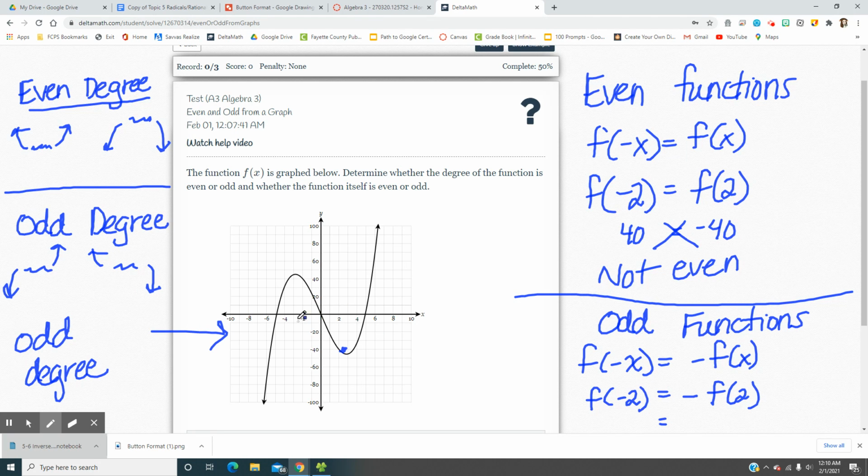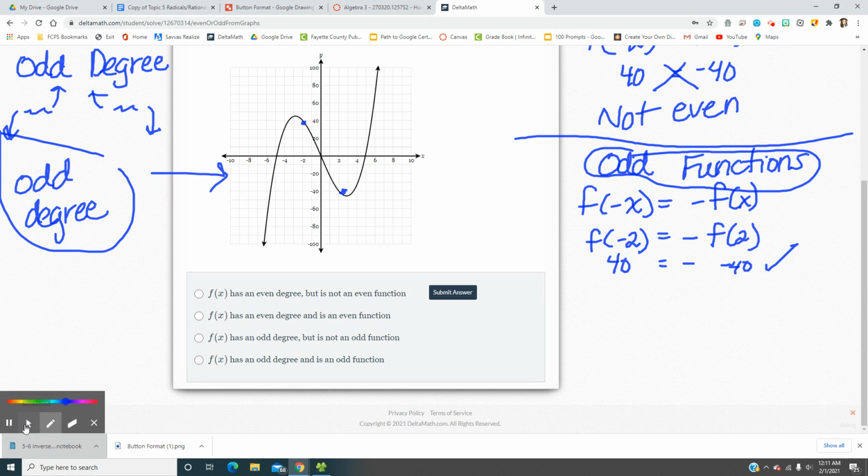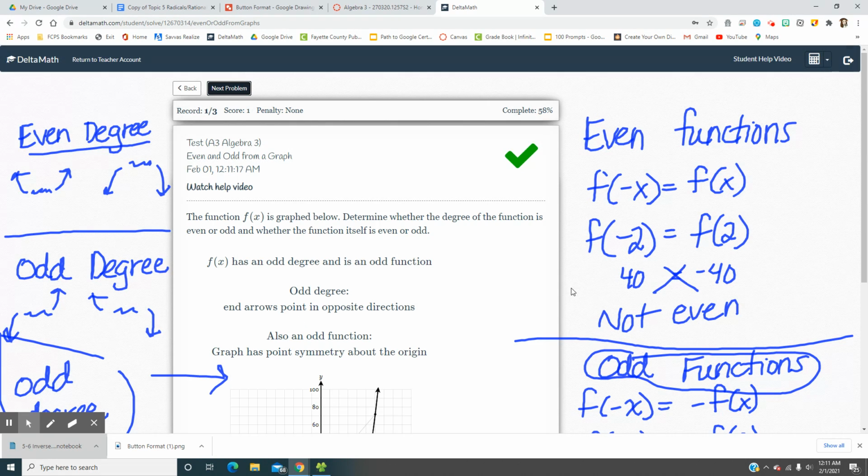We said f of negative 2 is about 40, and then f of 2 is negative 40, but there's a negative in front, so negative 40 is positive 40. That's true. So this function is odd. Now, if you were to get two totally different numbers, you would say neither. So it looks like this function has an odd degree and is odd. So I'm going to pick this function has an odd degree and is odd. So I'm going to submit, and there we go.